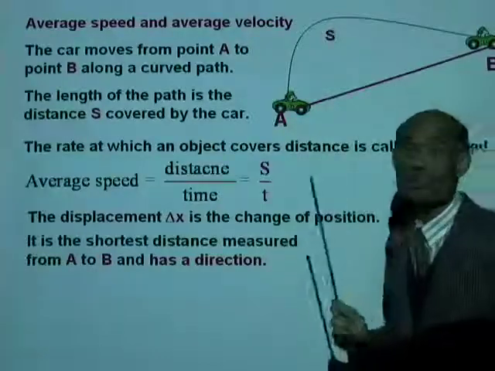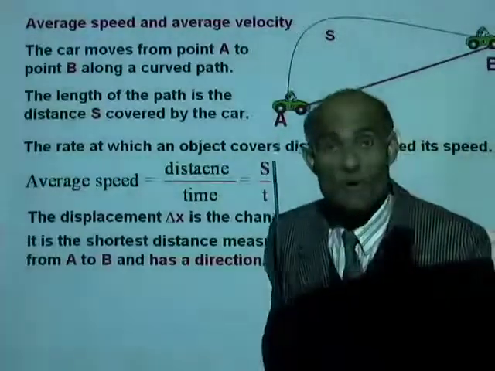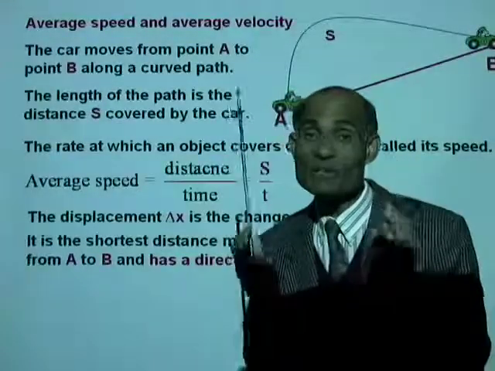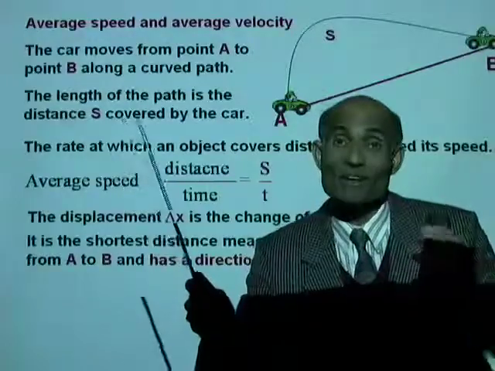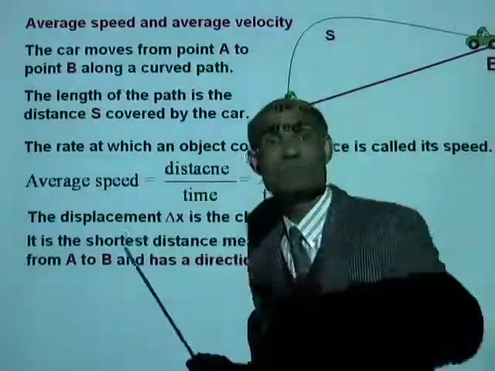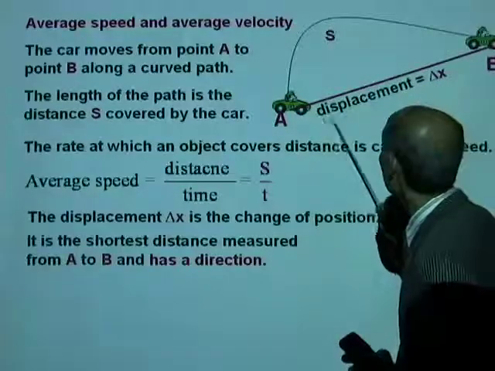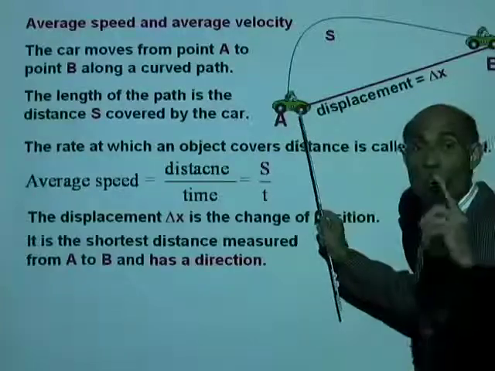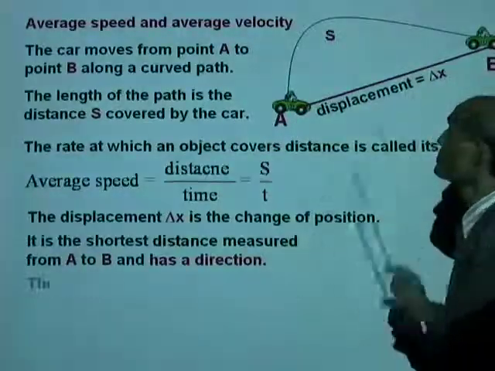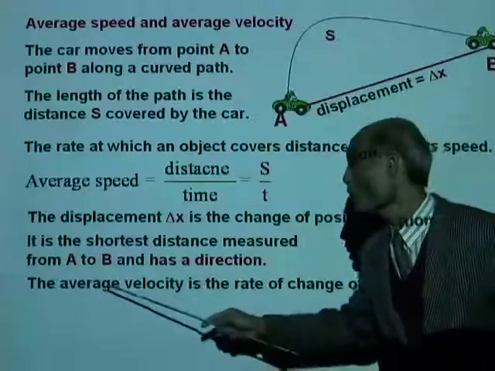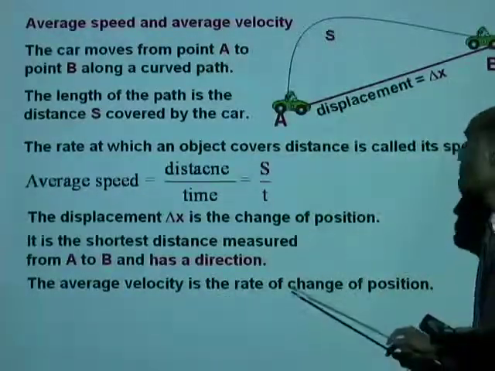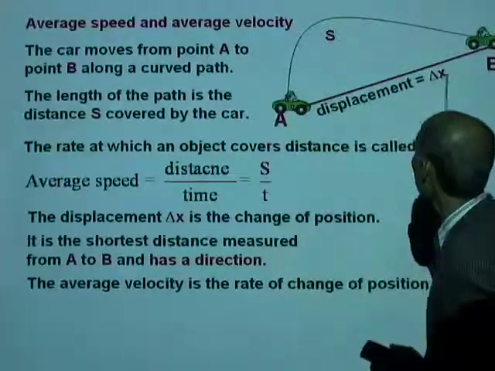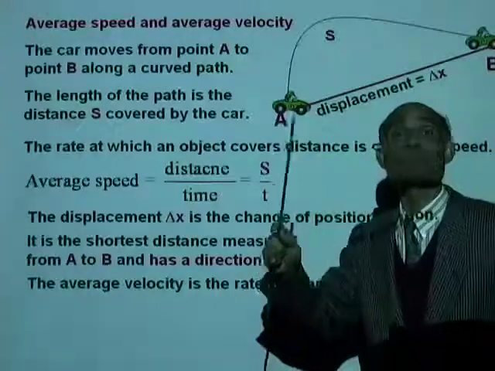Displacement is the shortest distance measured from the initial position to the final position. Now you notice that displacement has a direction from the initial position to the final position. There you are. Displacement delta x is the shortest distance measured from the initial position to the final position. And therefore, the average velocity is the rate of change of displacement.